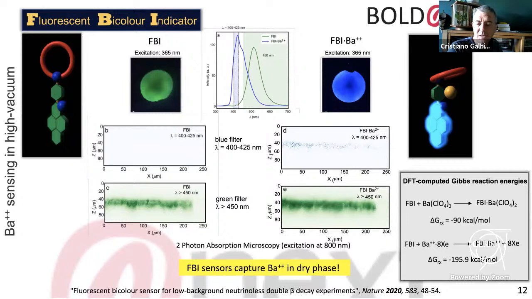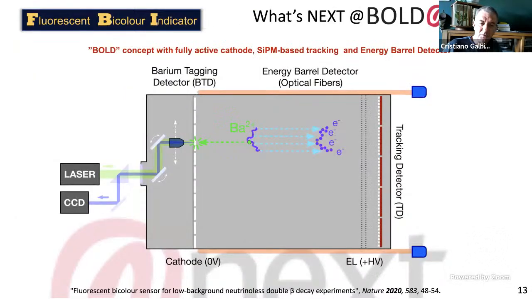So you see here some of the results of the early phase of development and the difference in the response of this very peculiar molecule, and the ability, thanks to this molecule, of making a very special discrimination for the presence of the barium ions or not. Clearly, the strong problem is how to do all of this in a detector, which is also the background.